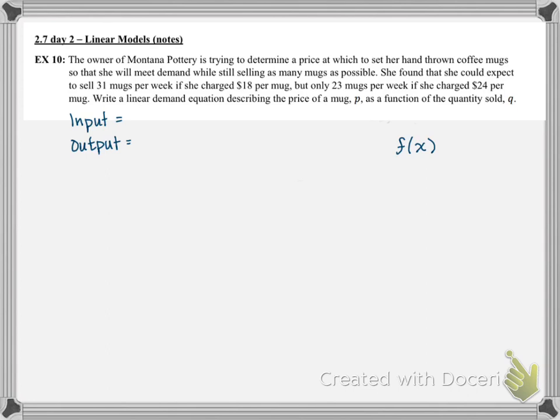So when I say we're going to write p as a function of the quantity, we're saying the quantity is the input, and then p is the output. So whatever it's a function of is always your input. So in this case, our input is q, which is the quantity of mugs. And the output is p, which is the price per mug.